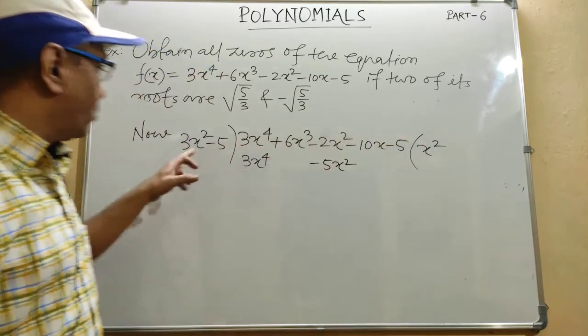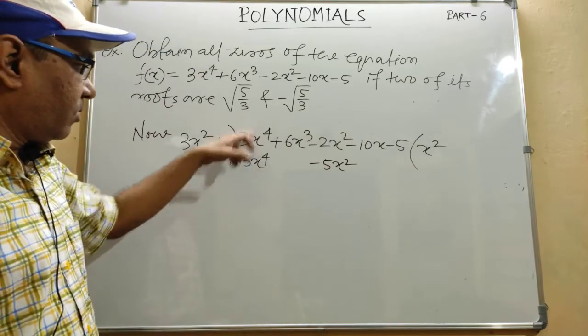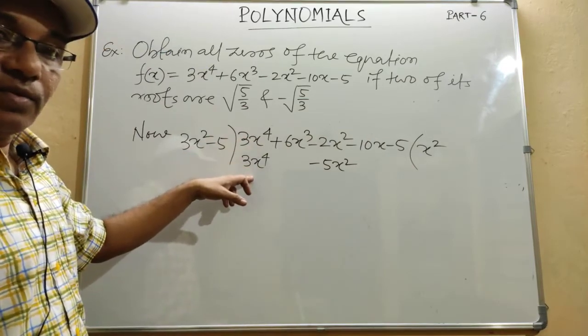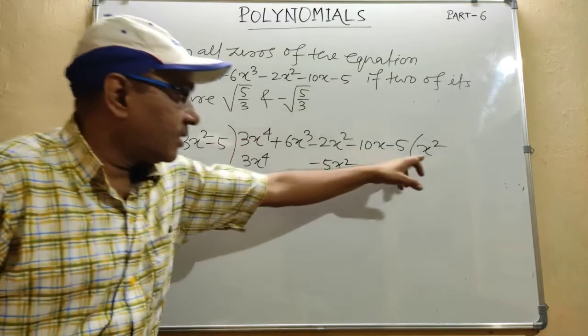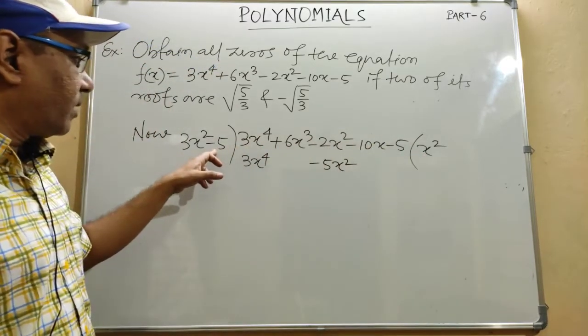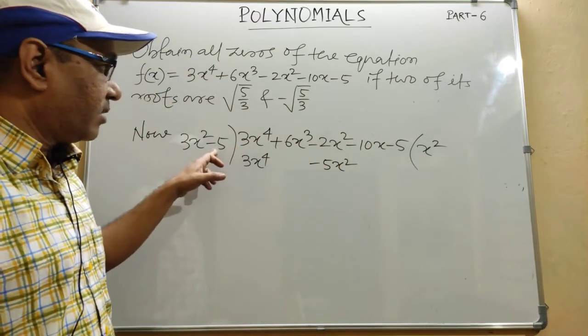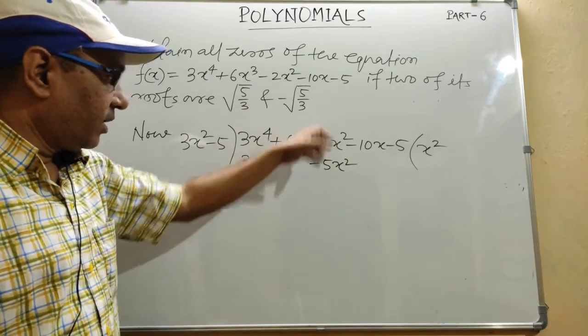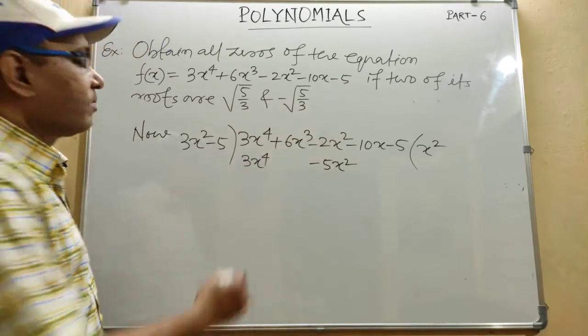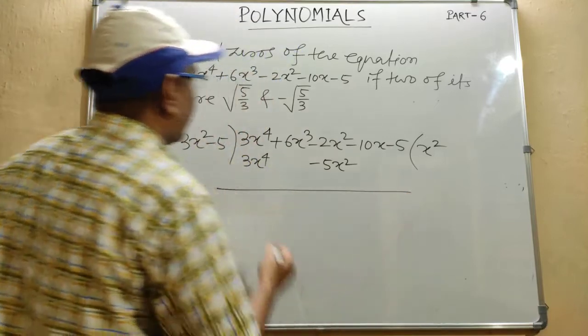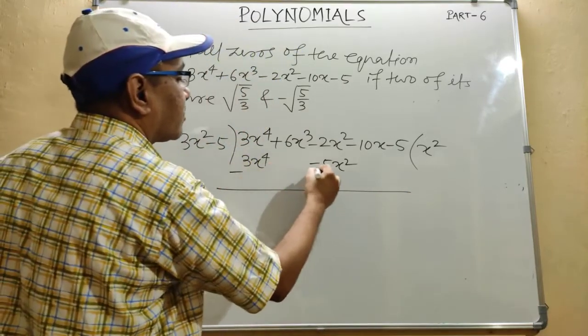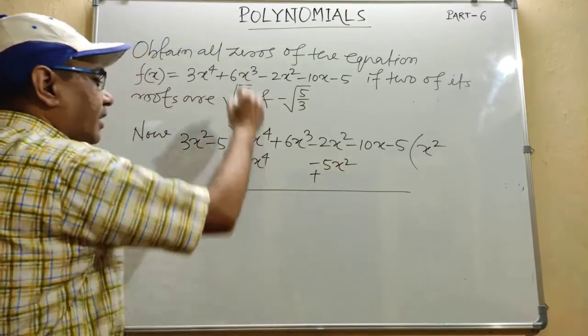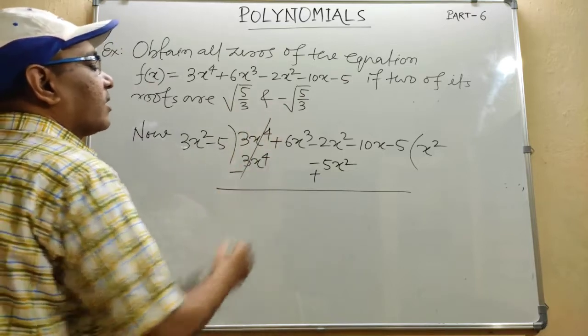x square into 3x square, 3x to the power 4, under this x to the power 4 term, and this x square will multiply with this minus 5 also. So minus 5x square, that we will write under this x square term. And now subtracting, this minus will become plus, and now adding, this part will cancel.